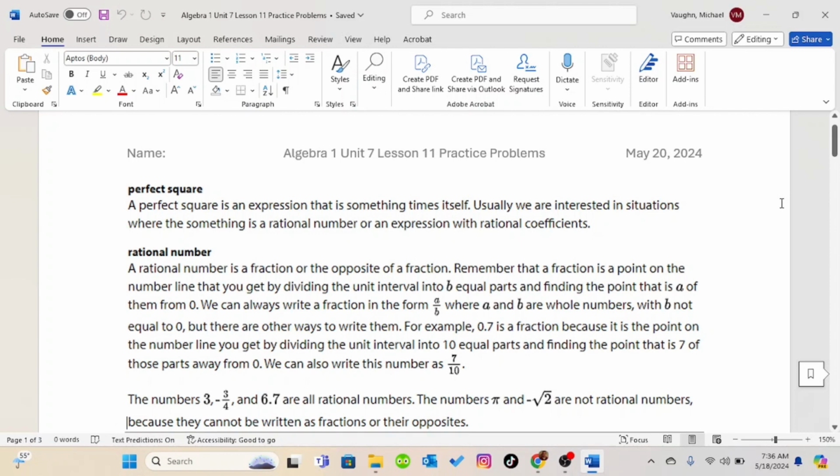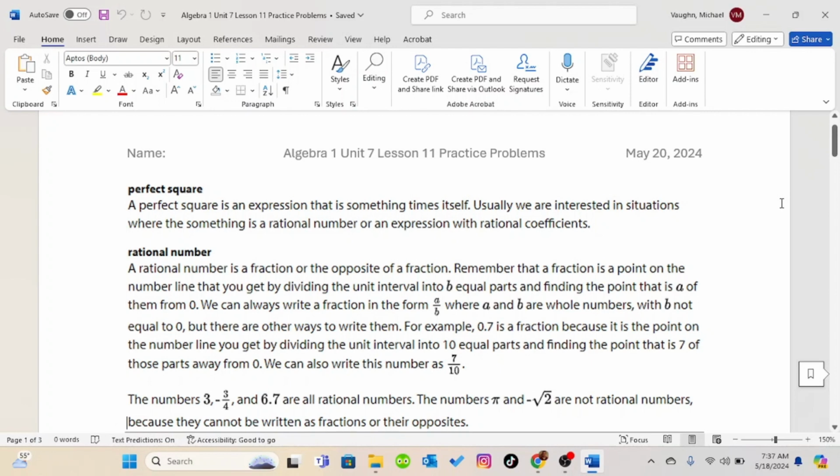But there are other ways to write them. For example, 0.7 is a fraction because it is the point on the number line you get by dividing the unit interval into 10 equal parts and finding the point that is 7 of those parts away from 0. We can also write this number as 7 over 10.